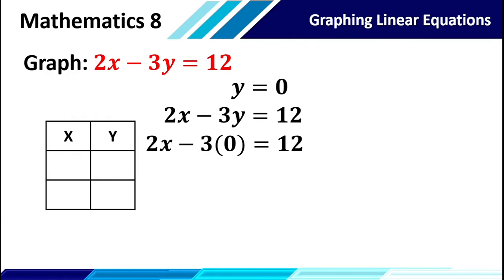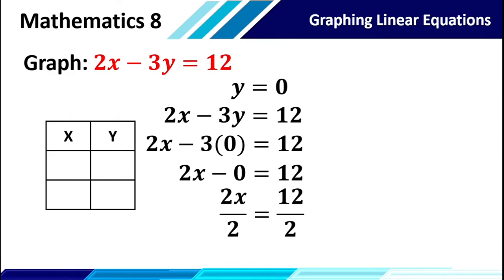We know that 3 times 0 is 0, so we will have 2x minus 0 is equal to 12. To simplify this one, we will have 2x is equal to 12. To get the value of x, we need to divide both sides by positive 2. Therefore, x is equal to positive 6. Our x-intercept would be (6, 0).